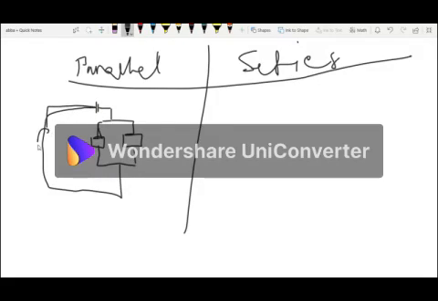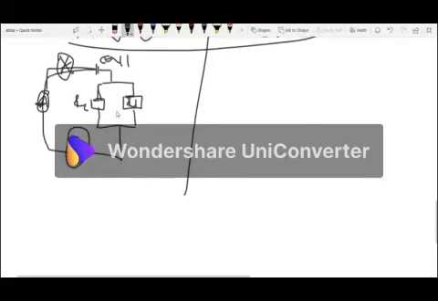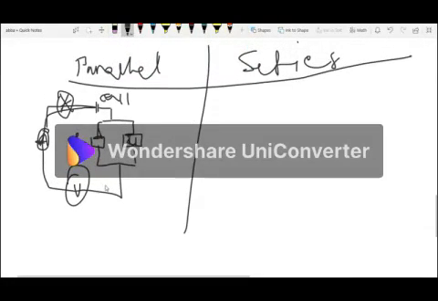So now this is going to be your ammeter reading. This is going to be your voltmeter reading, and this is going to be a resistor 1, then this is going to be a resistor 2. This is going to be a cell. Then we may even add a bulb here and a switch. So now this is a parallel connection.